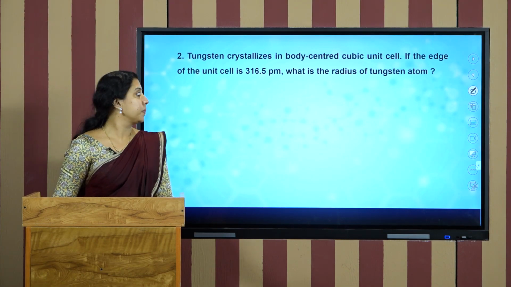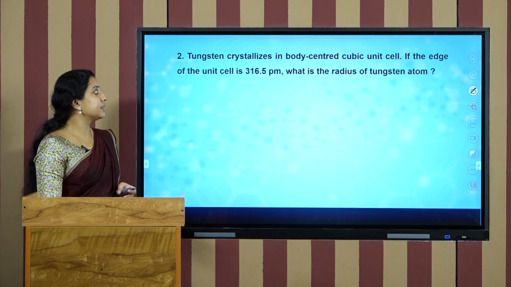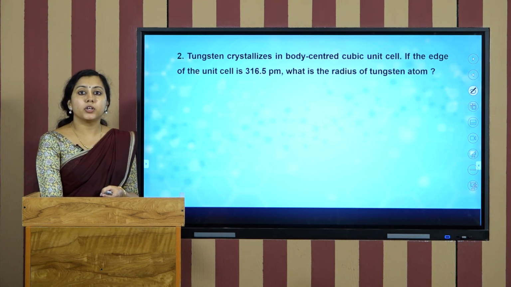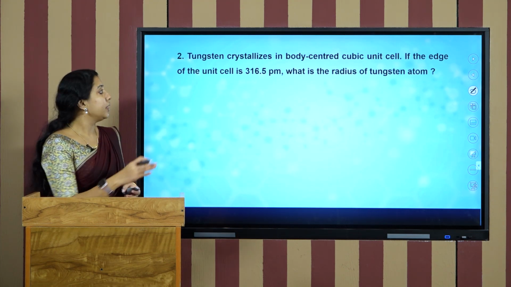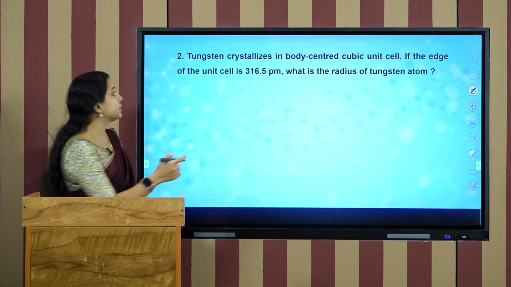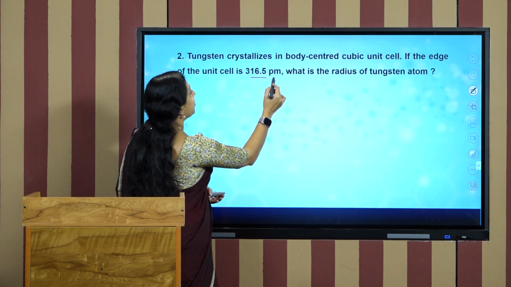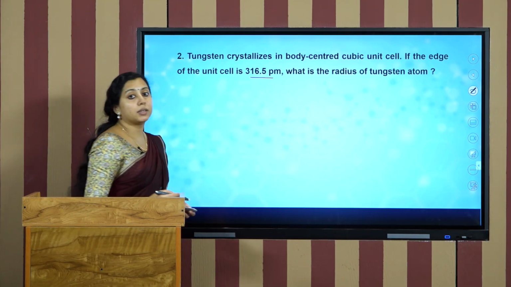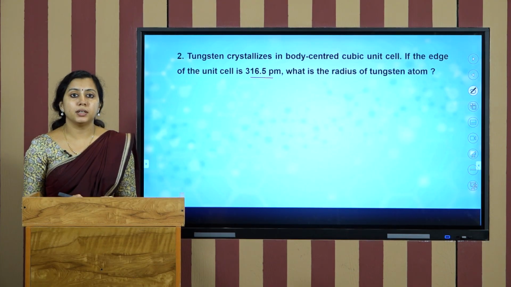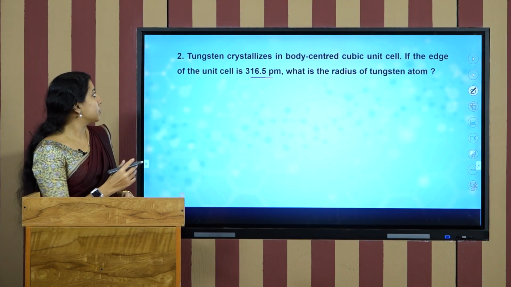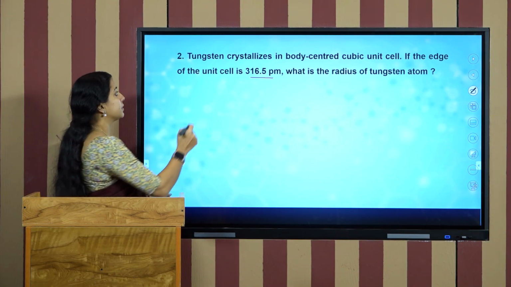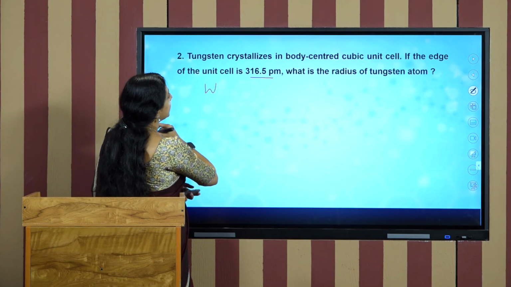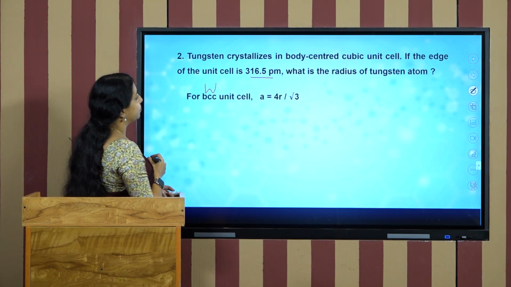Second question: tungsten crystallizes in body centered cubic unit cell. If the edge of the unit cell is 316.5 picometers, what is the radius of the tungsten atom? So, in the question it is given that tungsten crystallizes in the BCC unit cell.